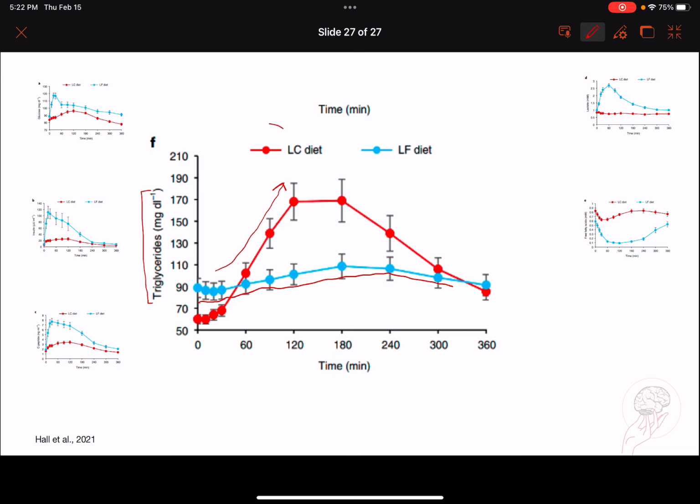So if we're increasing serum triglycerides, that means that we are probably doing de novo lipogenesis, which means of the carbohydrates we have, even though it's low, we're turning them into fats, and we're putting them into the bloodstream. Whereas in the low-fat diet, we're not doing that.